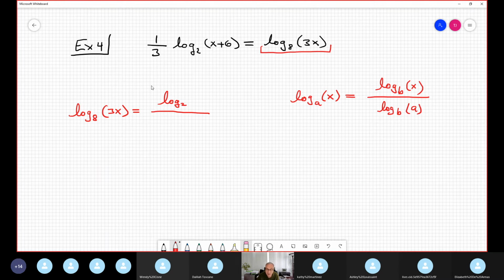And B is the new base I want to change to, 2, because my goal is to express both logarithms using base 2. The formula says x, but in our specific example, it's the 3x expression divided by logarithm base 2 of A, the old base.